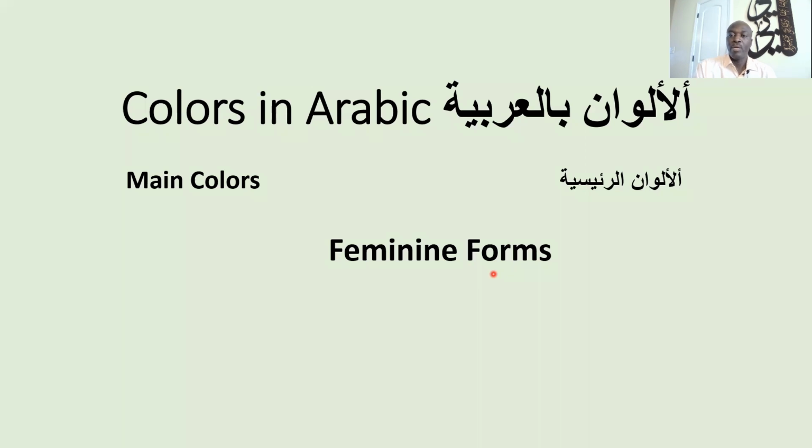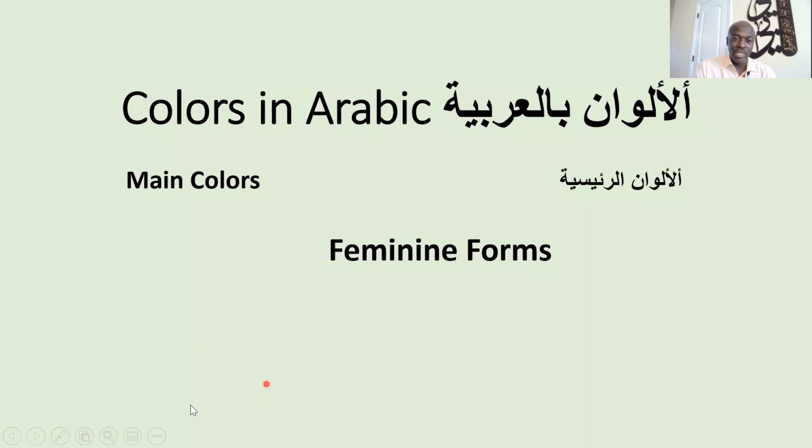But in Arabic, the color or the noun determines the form of the adjectives, and colors by nature are adjectives. So adjectives in Arabic have to follow the nouns, have to match it in terms of gender, in terms of definiteness, or in terms of indefiniteness.